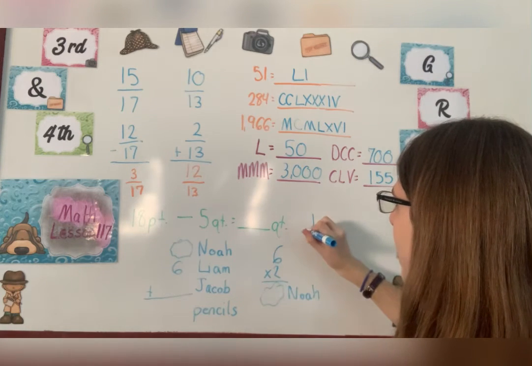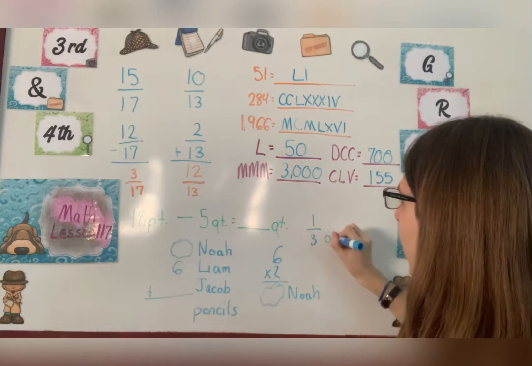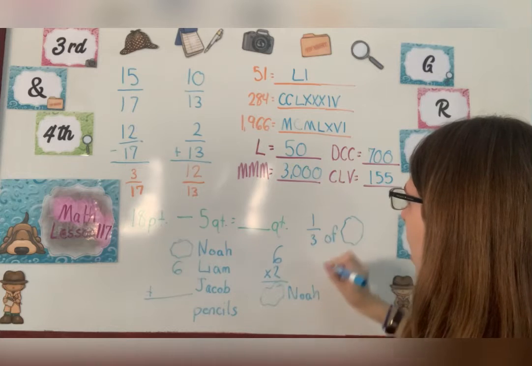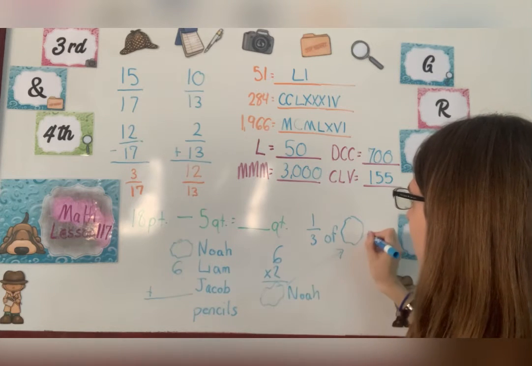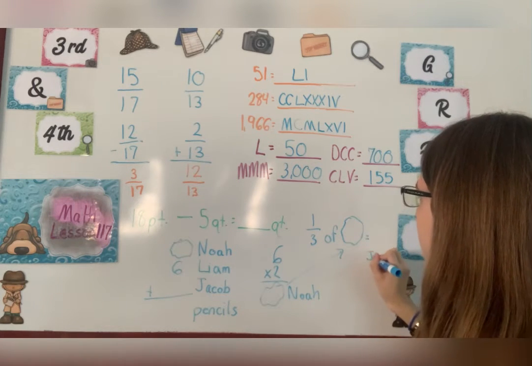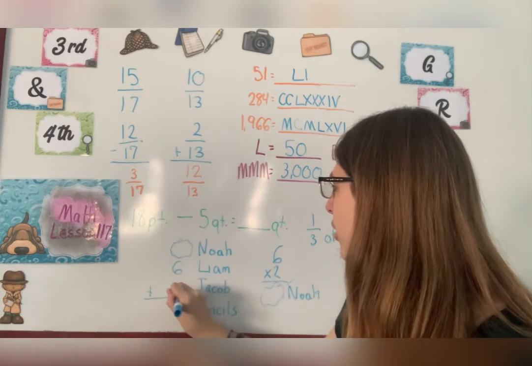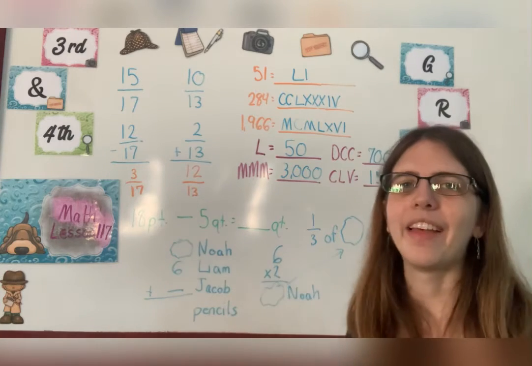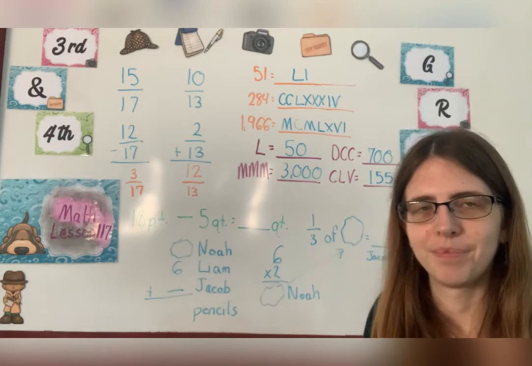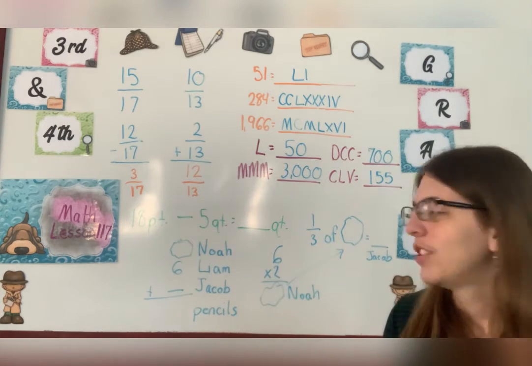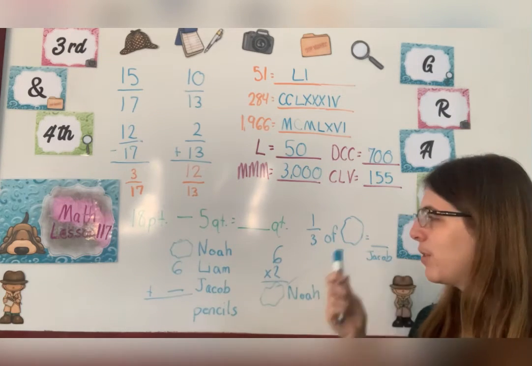So once you find how many Noah has, you want to find 1/3 of Noah's pencils to know how many Jacob has. Once you find that answer, you'll put it in there and add them all up. Okay? So remember, to find 1/3 of something, you divide it by 3.